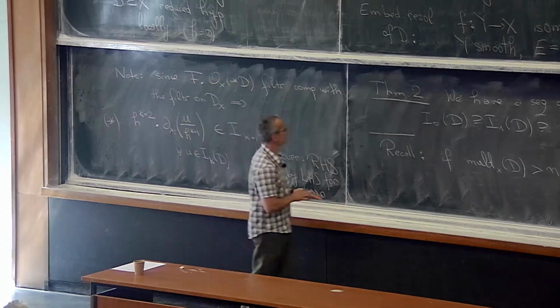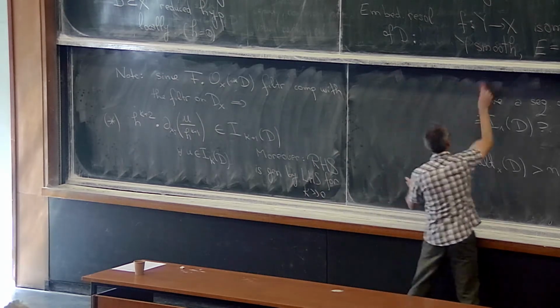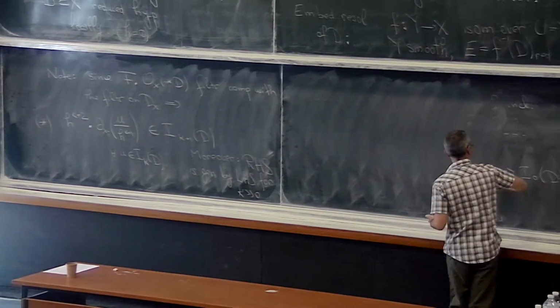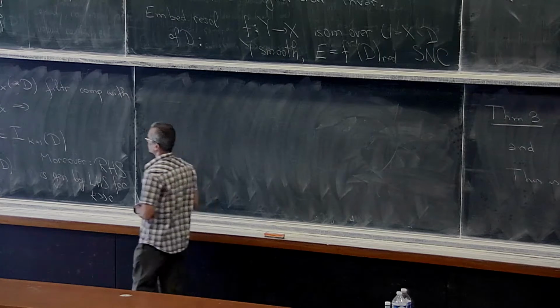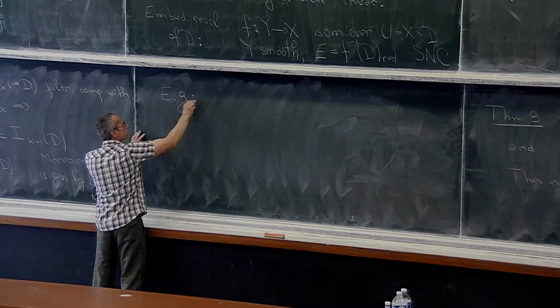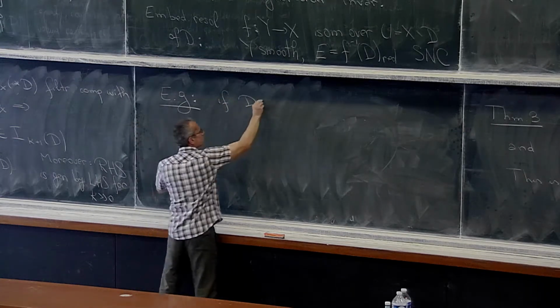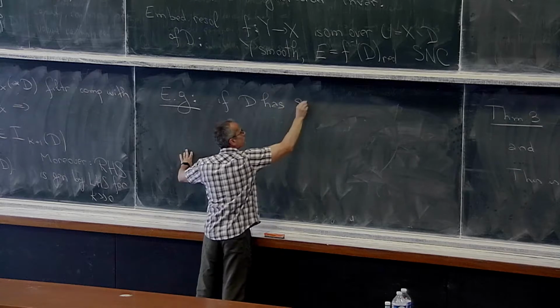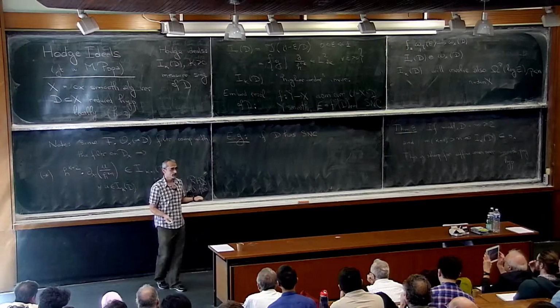Okay, so now let me answer Seb's question. What happens, for example, for a simple normal crossings divisor? Here the situation is as simple as possible. If D has simple normal crossings, first of all, we know that the multiplier ideal of (1 minus epsilon) times D is trivial.